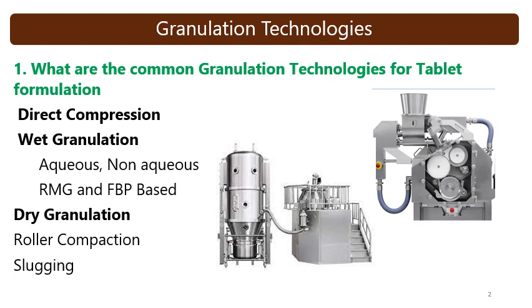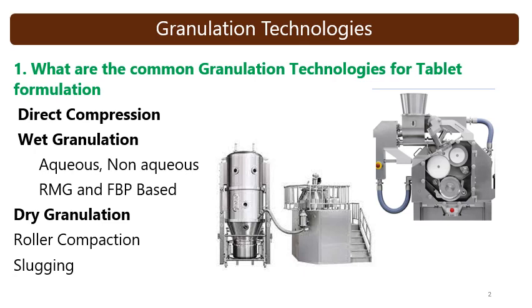So first is direct compression, second is wet granulation, third one is dry granulation. Direct compression involves sifting, blending, compression for the tablets. Wet granulation may be aqueous or non-aqueous, whether you are using water as a granulating solvent or organic solvents like IPA, acetone, MDC for granulation. Based on that, it may be aqueous or non-aqueous.